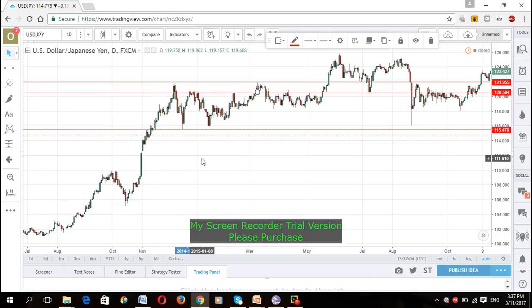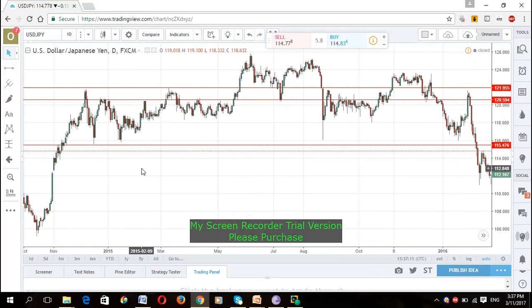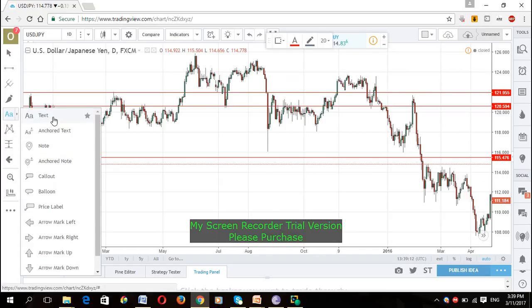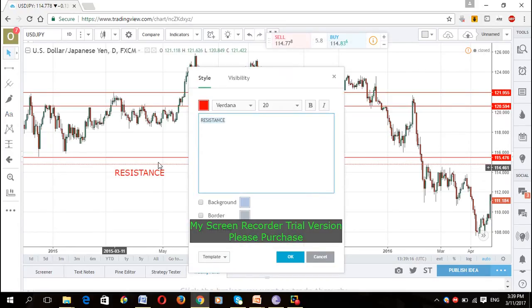So let's just scroll here. As you see, okay, let's do this before I continue. Let's first write down where my support lines and resistance lines are so you guys can see it. Here I said it was a potential.